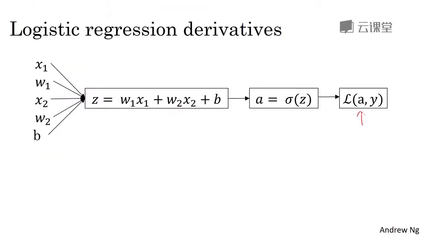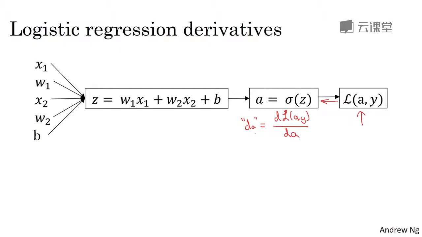Because what we want to do is compute derivatives with respect to this loss, the first thing we want to do, going backwards, is to compute the derivative of this loss with respect to this variable a. In the code, you just use da to denote this variable.